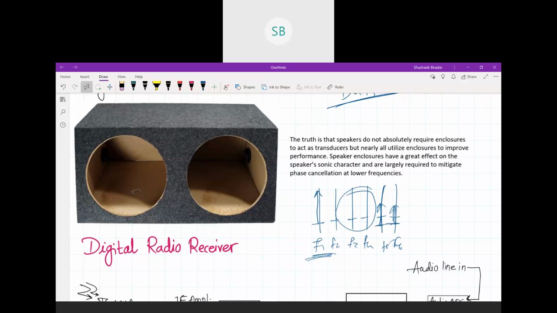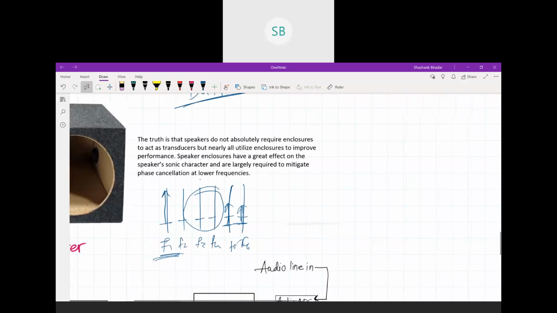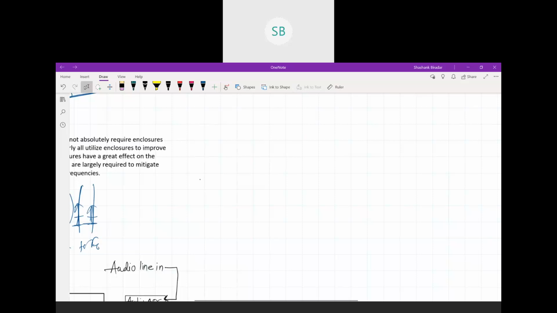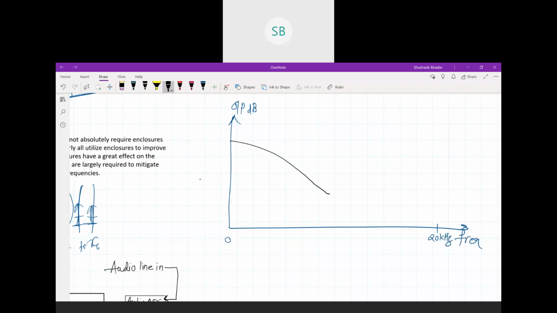If I want to draw the frequency response of the multi-speaker system, I'll get a response like this. This is your output in dB, and this is your frequency, from 0 to 20 kilohertz. Here I have one response, this is another response, and this is another response.